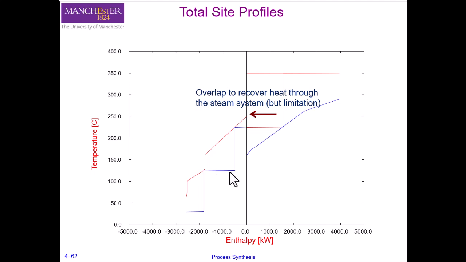Again, we are showing the amount of steam that is generated at our low saturation temperature of 125 degrees centigrade. On the sink side, we require this amount of steam for our cold streams to provide the heat.